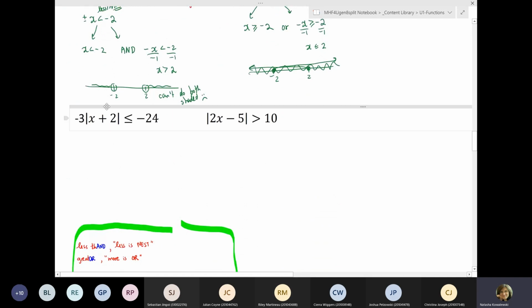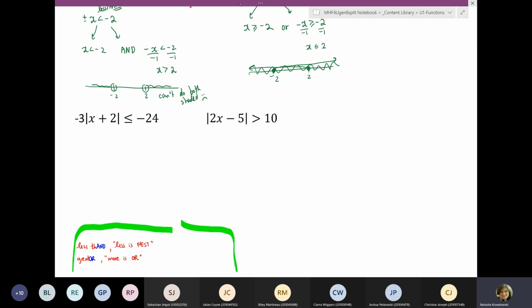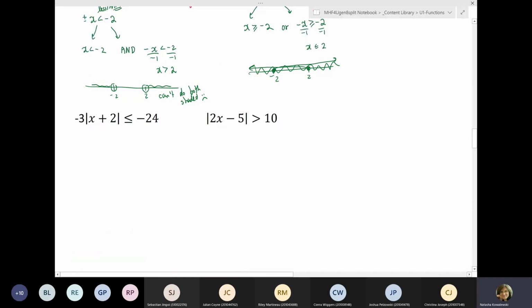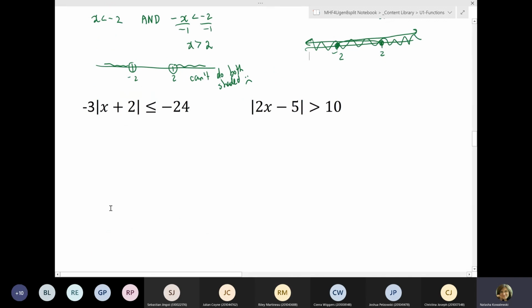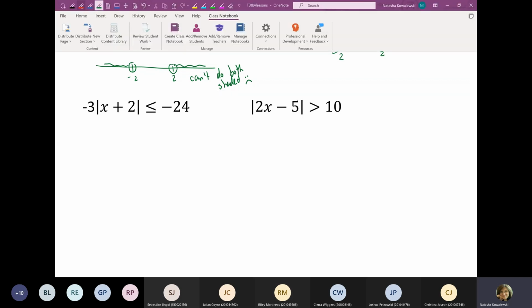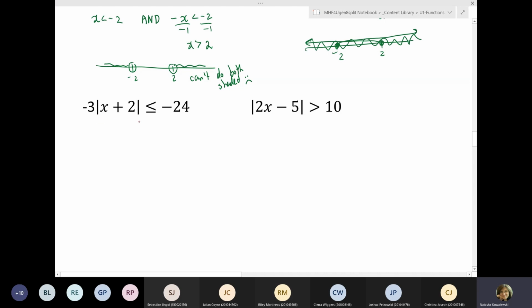But what if we have not just x by itself? What if there's more things to it? So this is the last of this type before we do a nonlinear type. Your first step is to isolate the absolute value portion, because if you wanted to use the distance method, you need to have the absolute value isolated.